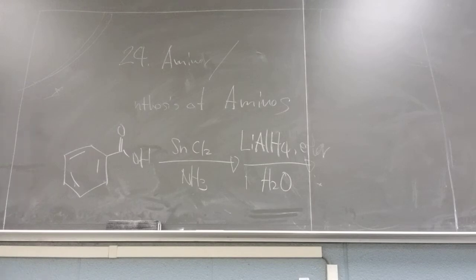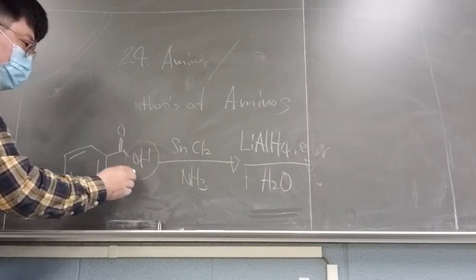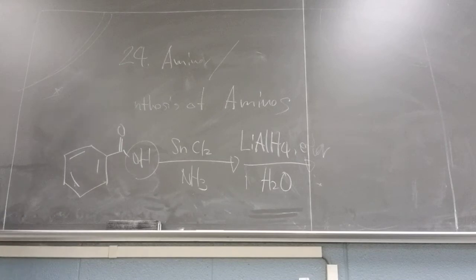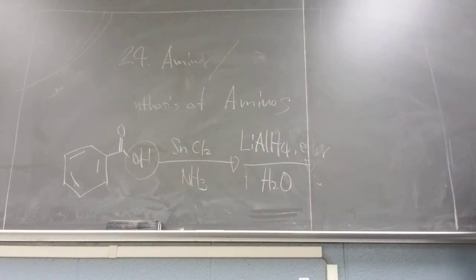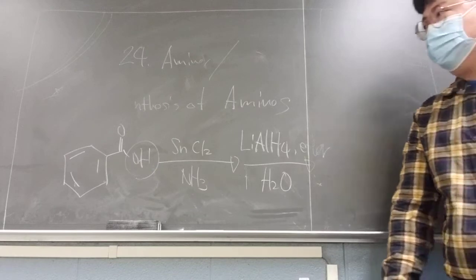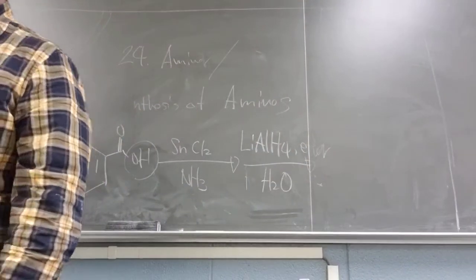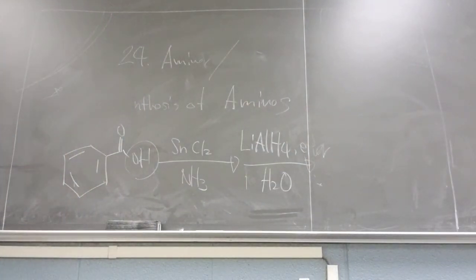Try to replace this poor leaving group with the amino group, and then try to do the mechanism we did last time to make the carbonyl group gone, and figure out what might be the final product. Maybe one minute or two.